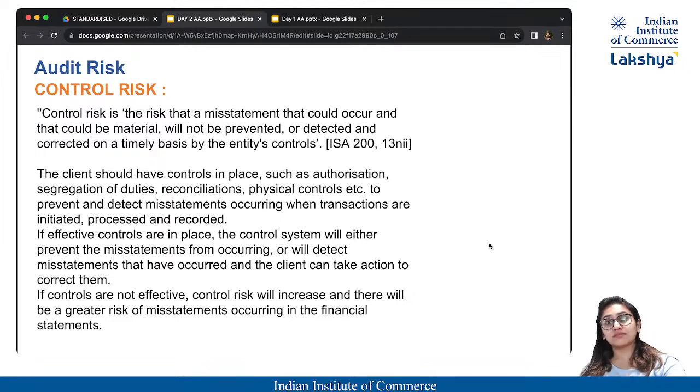That is the essence of having good control in place that is going to prevent, detect and correct the misstatements occurring, and that is going to help your organization grow better.